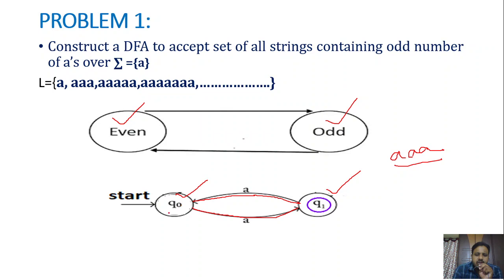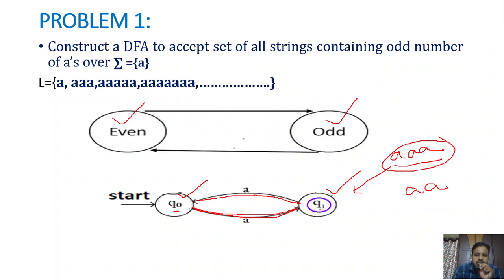Now the current state is Q naught, and the next input is again a, the third a, so we go to Q1. Here you end up in Q1, and since Q1 is the final state, the string triple a is accepted.